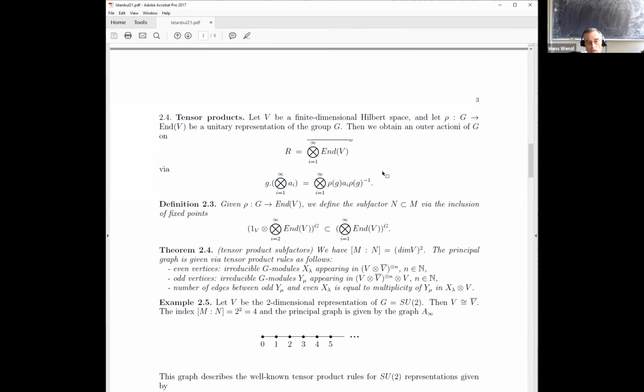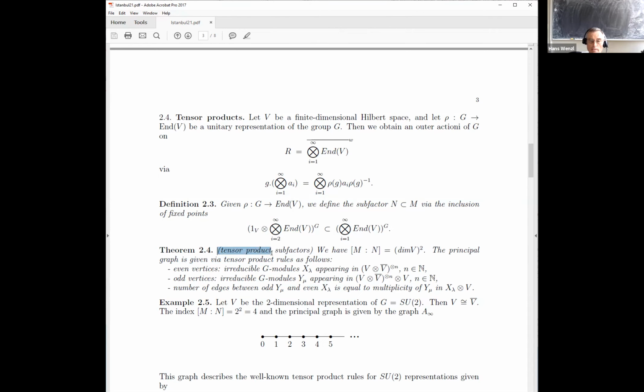Then we can do the following. We have the big factor, which is just the closure of this one, and we let the first factor be equal to the identity, so we don't have any matrices there, and we let G act on this. So we get a subfactor by only allowing the scalar identities for the first factor.